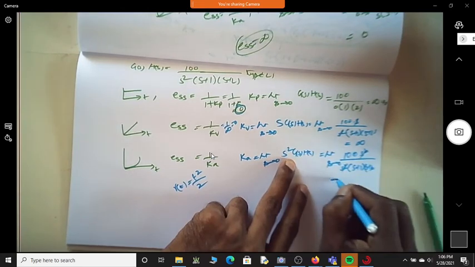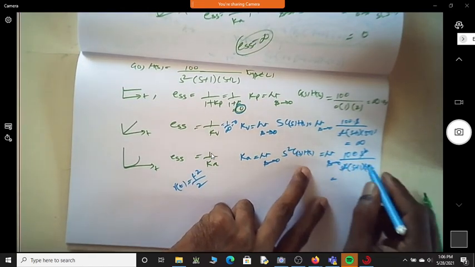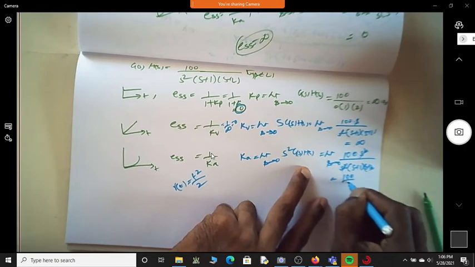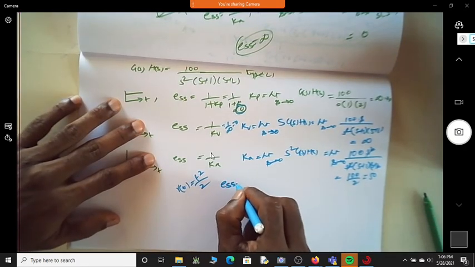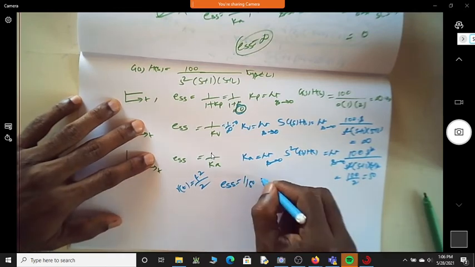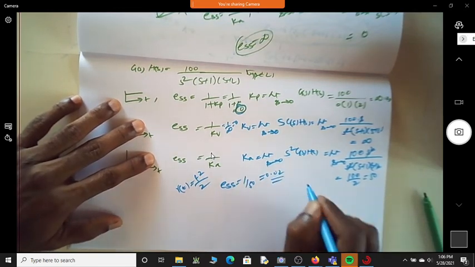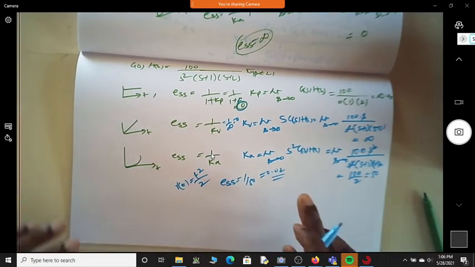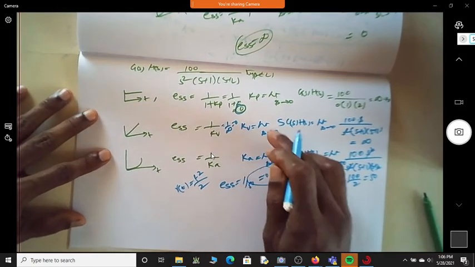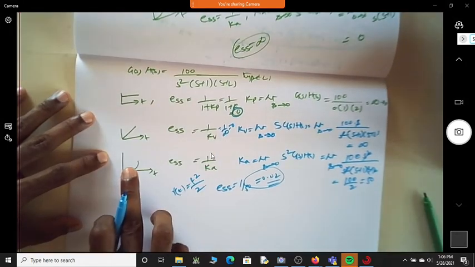This s square will go with this. When you apply that limit, it becomes 100 by 2, which is equal to 50. So your ESS is 1 by 50, which is 0.02. This is the error. You have a finite error for a type 2 system for a parabolic input.